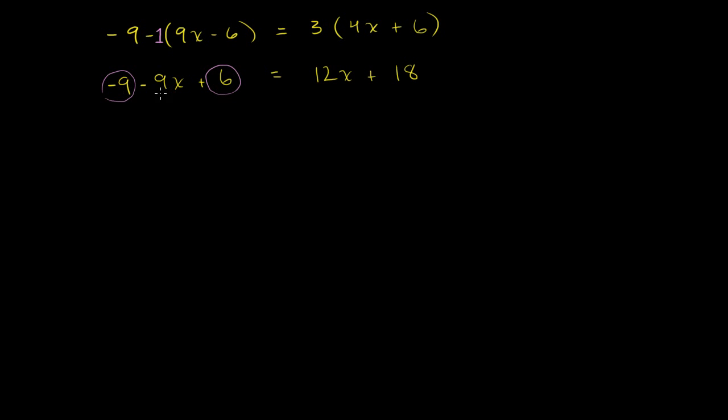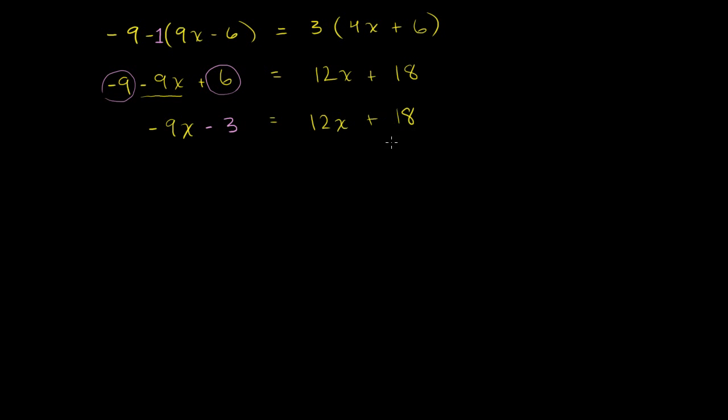So we're going to have negative 9x plus, let's see, we have a negative 9 and then plus 6. So negative 9 plus 6 is negative 3. So we're going to have a negative 9x, and then minus 3 right here. That's the negative 9 plus the 6. And that is equal to 12x plus 18.